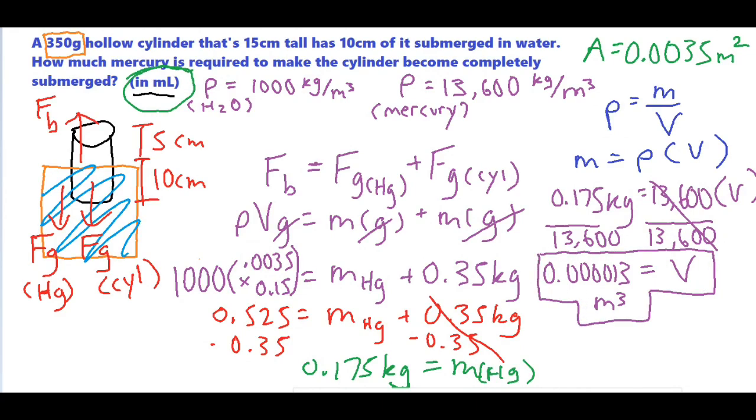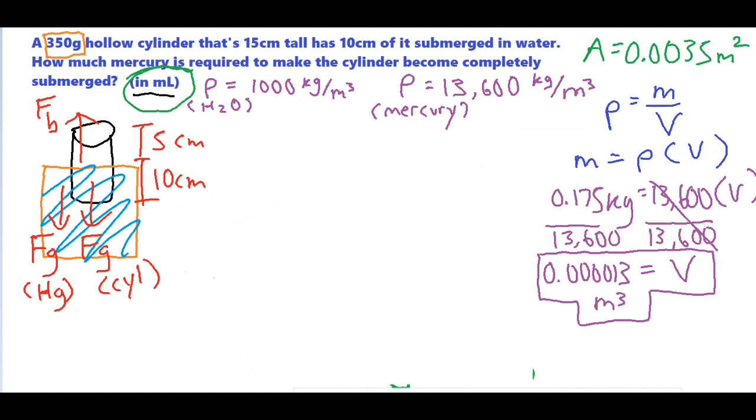All right, so we're almost there. It looks like we're getting pretty close. We do have the volume, but we want to do a little bit of converting. So let's clear a bit more space. Now what we can do is we can take our volume and we want to convert this 1 meter cubed into centimeters cubed. Okay, so we have 100 centimeters.